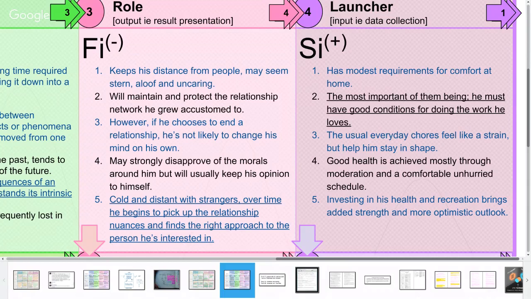Socionics, how it works with the SI and the NE. Okay, NE is about novelty.